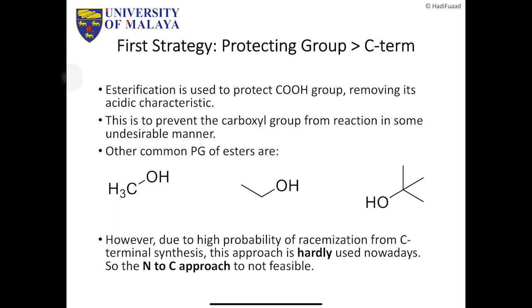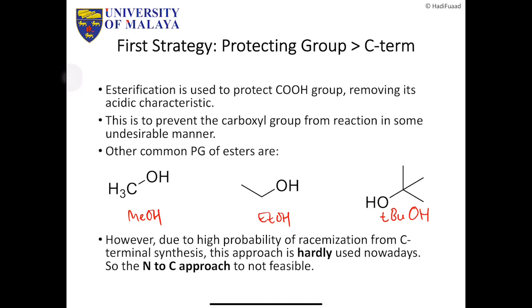All right, so other common protecting groups of esters, for example, methanol, you can use ethanol, or you can use tert-butyl alcohol. This is normally abbreviated as tBu, tert-butyl, tBuOH for tert-butyl alcohol, and that one is ethanol and methanol. So these are some of the protecting groups that you can use.